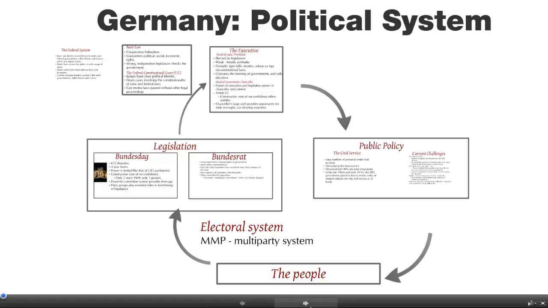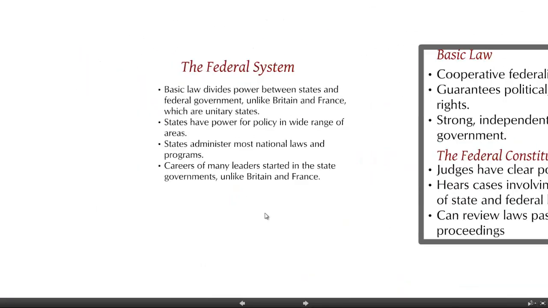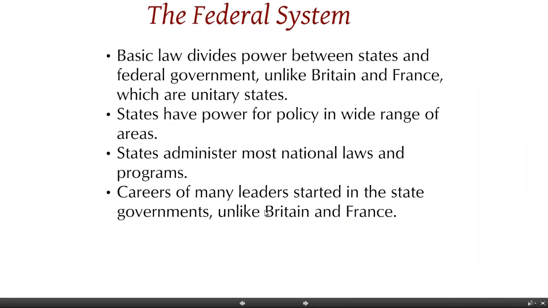First of all, unlike the United Kingdom, Germany is a federal system. So you have a basic law that divides power between states and the federal government, unlike Britain and France, which are both unitary states. You have power for policy in a wide range of areas for these states.